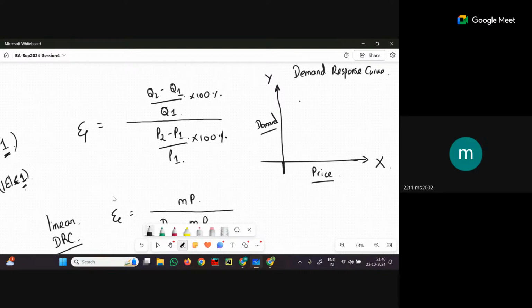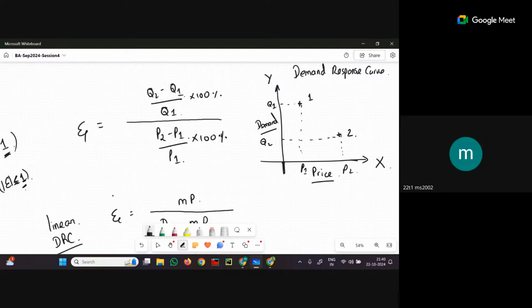Let's say you are given 2 points. You are given point 1 and you are given point 2. You are not told anything about the curve. You are told that there is a point 1 with a price P1, a point 2 with a price P2, and correspondingly you have Q1 and Q2.